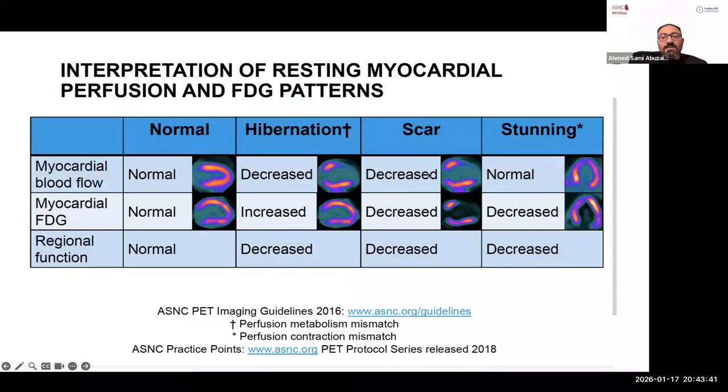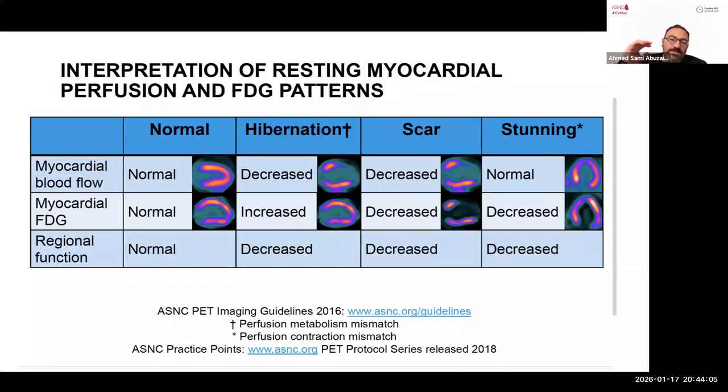However, when we think a little bit about stunned myocardium and hibernating myocardium, it is different, because stunning usually is an acute process. And I think the most common scenario is someone who came with a large anterior MI or ST elevation myocardial infarction, acute occlusion of the blood vessel.